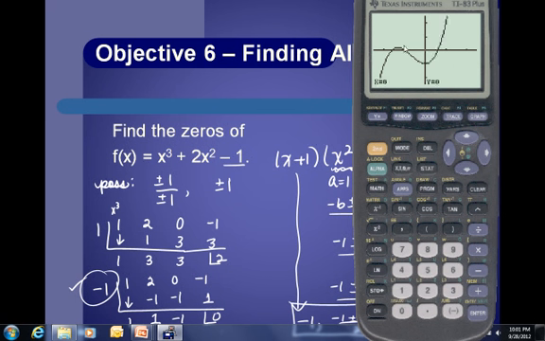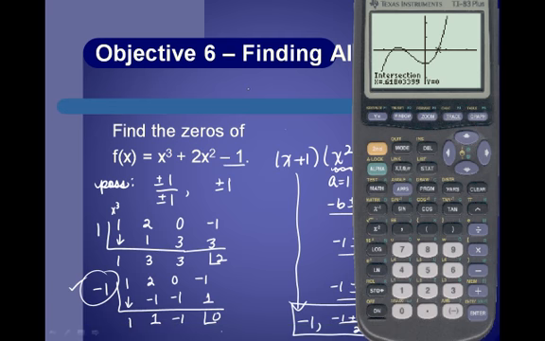Each one of them crosses through, so they're all odd multiplicities, which means we've got 3 zeros that all have a multiplicity of 1. Now if we wanted to check it, we could do second trace number 5, enter, enter, enter, and that gives us an intersection at 0.618.